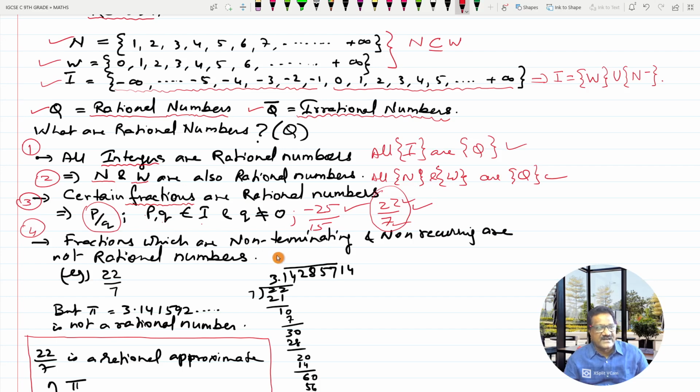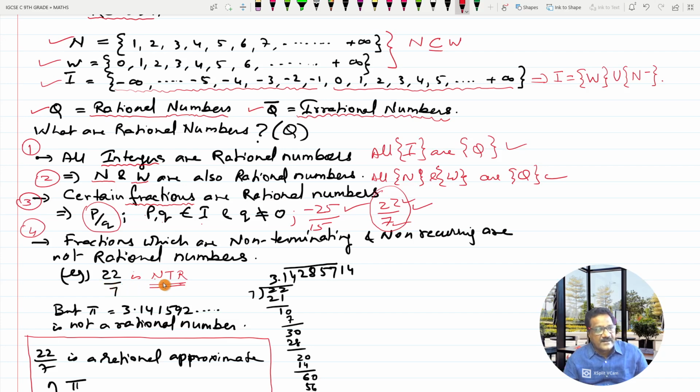For example, 22 upon 7 is a rational number, because it comes in the category of non-terminating and recurring, and non-terminating and recurring are always rational numbers.